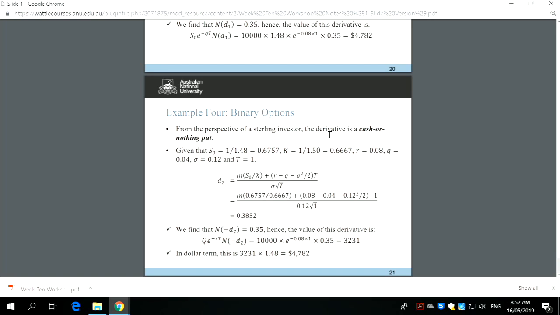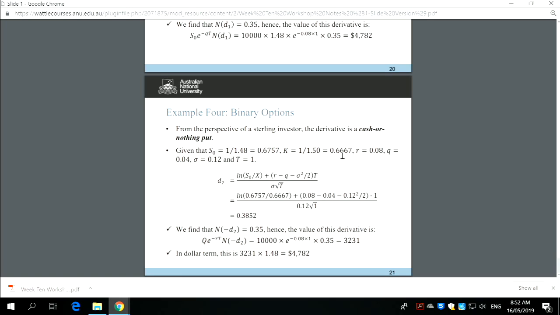So that sounds a lot like a put option, right? Because from the sterling investors' point of view, if the spot price gets below this, then this would make a payoff. And if that happens, the sterling investor will be paid in sterling. And sterling to a sterling investor is cash, because sterling is their domestic currency.